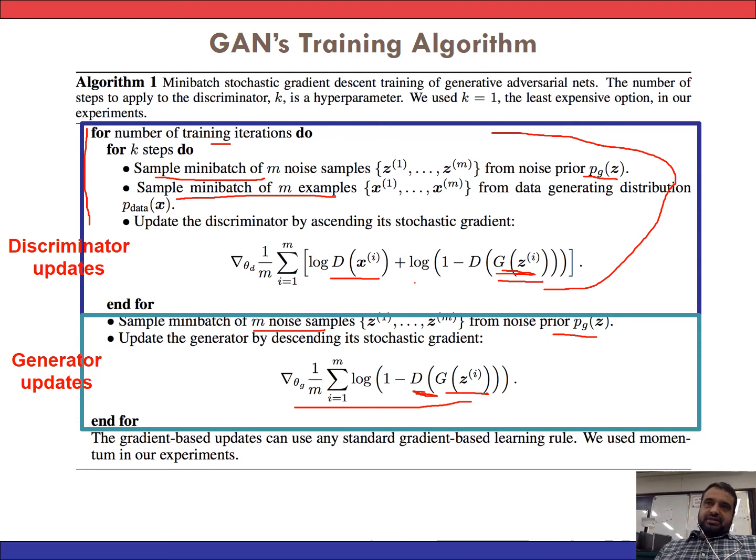If the generated image G of z is provided to the discriminator, it will give the label which is close to 1 if it is realistic, if the generator is well trained. And then at that point, the discriminator will fail to discriminate between the real and fake images.